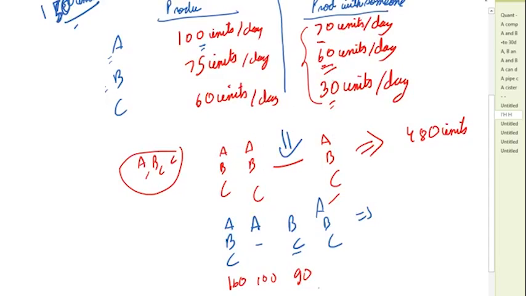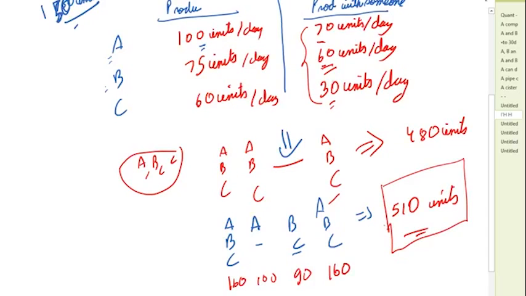And the final day again, we get 160. This totals up to 510 units. If you try two more combinations, you find this is the best combination possible, so the best amount of work under these criteria is 510 units.